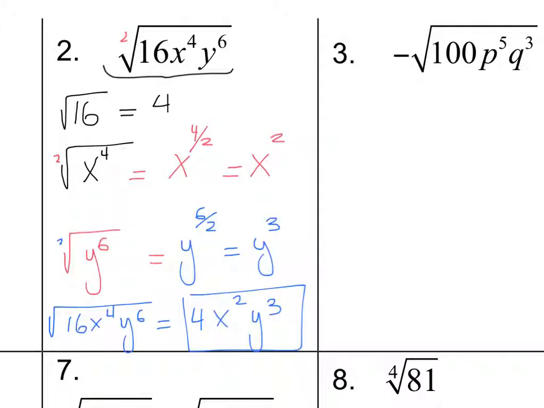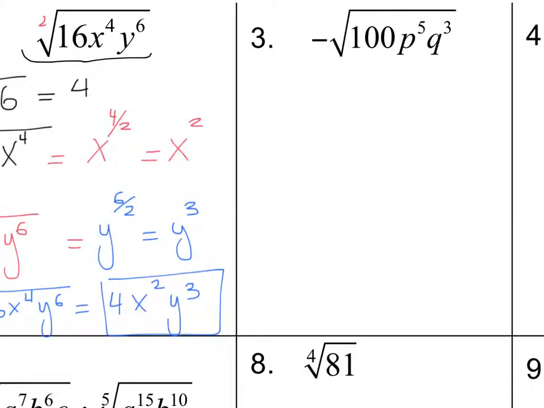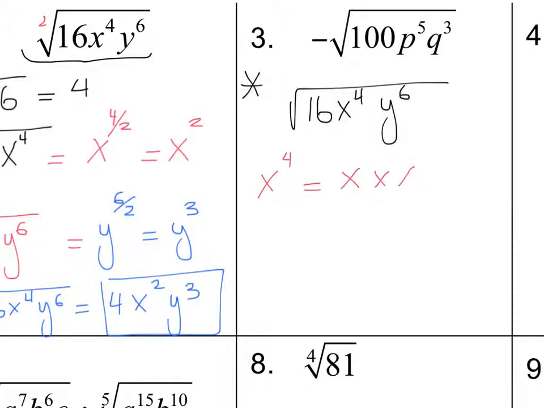Now why can we do that? There is a different method to solve something like that if you don't want to divide the power by the index, and I'm going to show you on the side over here. If you have square root of 16 x to the 4th y to the 6th, I want you to know that you can do this method. x to the 4th means that I have x times x times x times x, 4 x's as you can see.